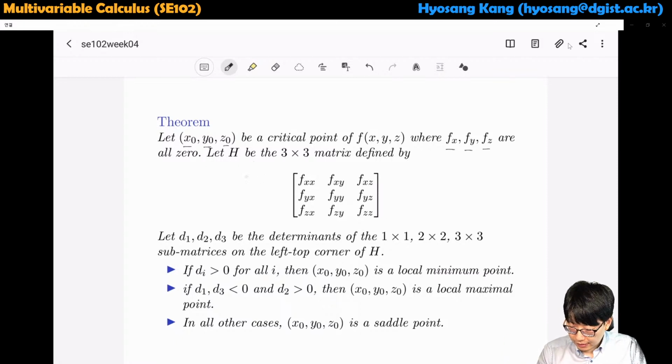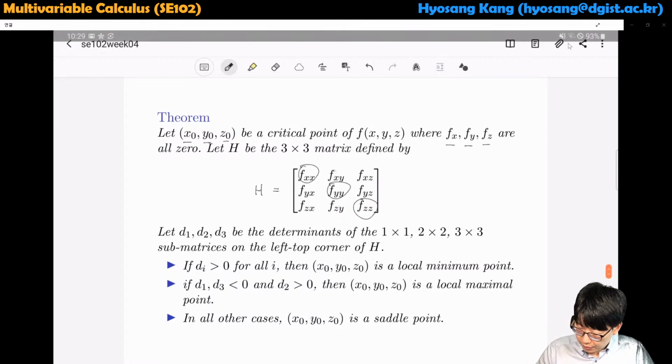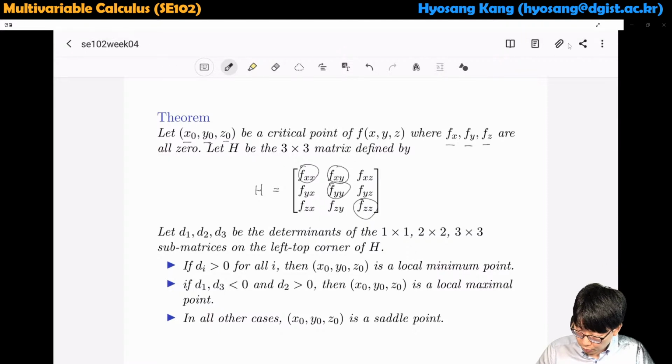So let's define a Hessian as a 3x3 matrix, consisting of the following. We have fxx, fyy, fzz as the diagonal entries, and it's symmetric, meaning that even if the rows and columns are switched, you get the same matrix. So we have fxy in the first row, second column entry.